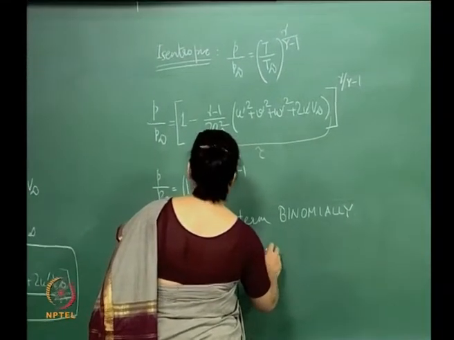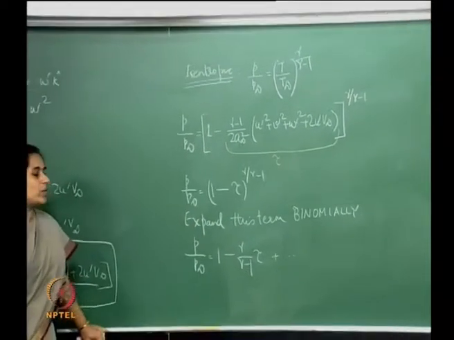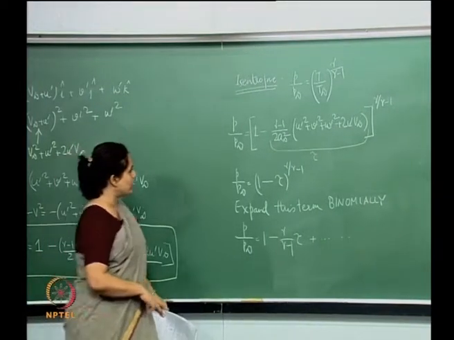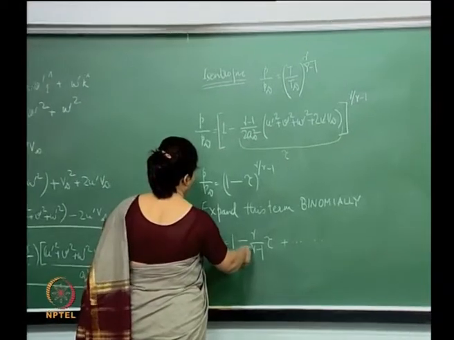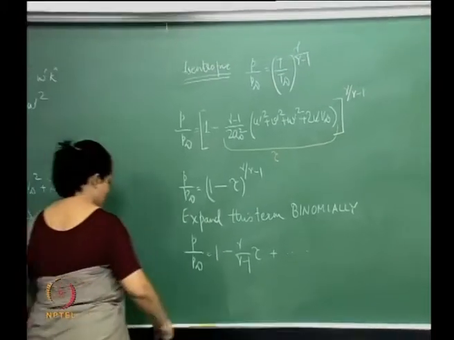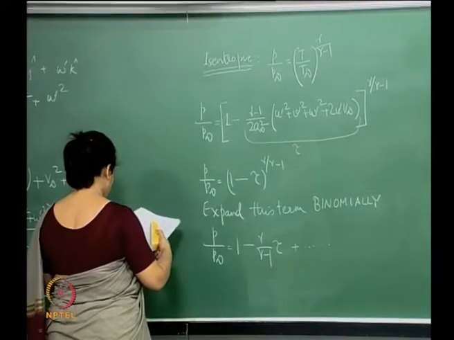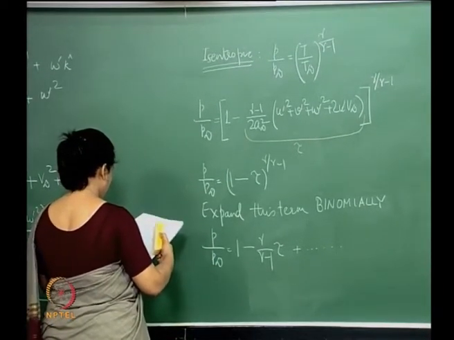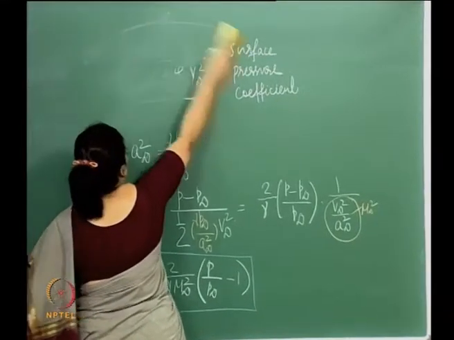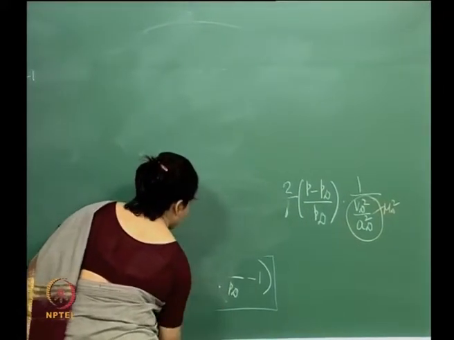We are neglecting the higher order terms. Now we just introduce this term gamma by gamma minus 1 into this tau. So let us go ahead and do the remaining math of this.